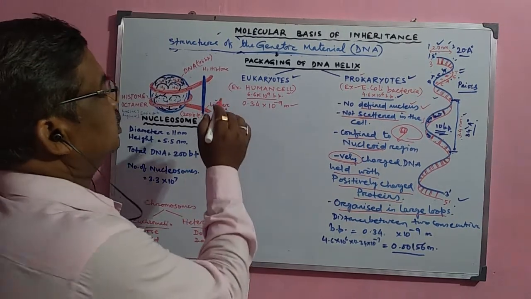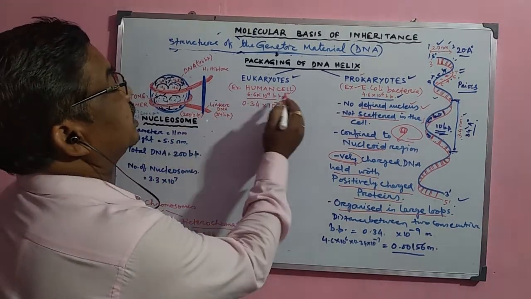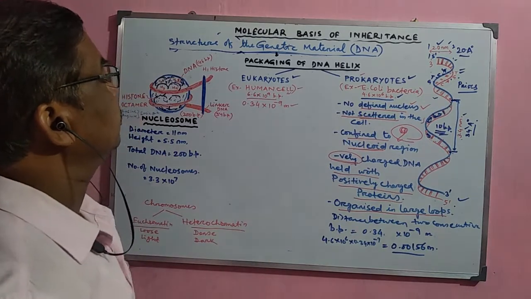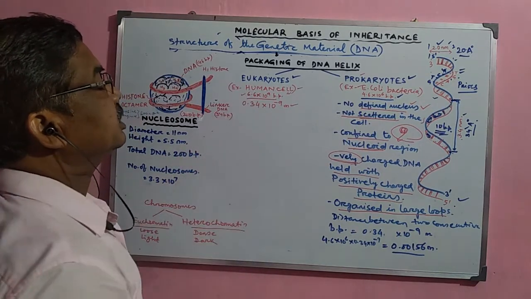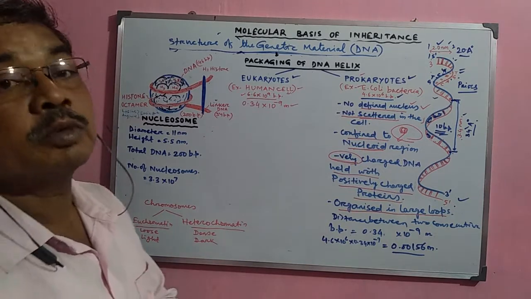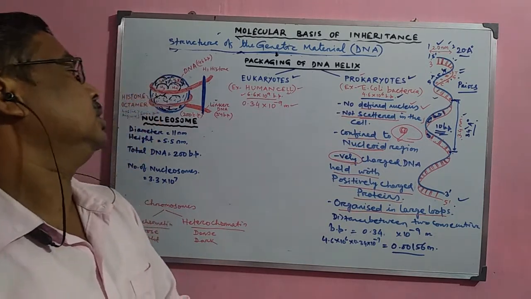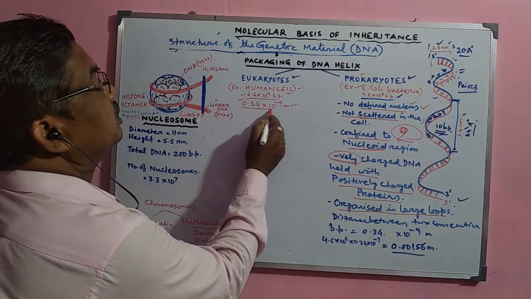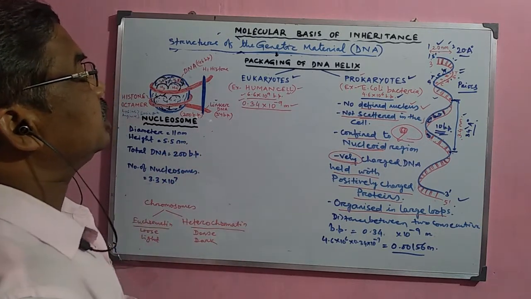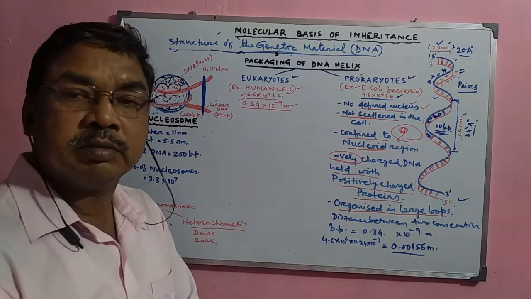In eukaryotes, we took the example of the human cell, which contains around 6.6 into 10 to the power 9 base pairs, and the distance between two consecutive base pairs is around 0.34 into 10 to the power minus 9 meter.